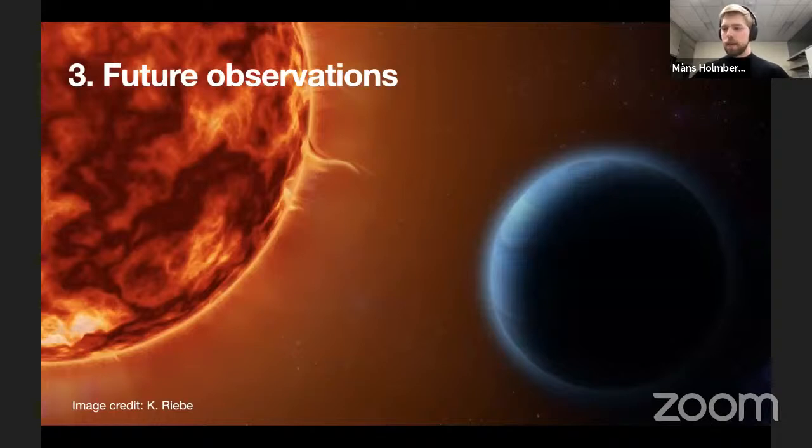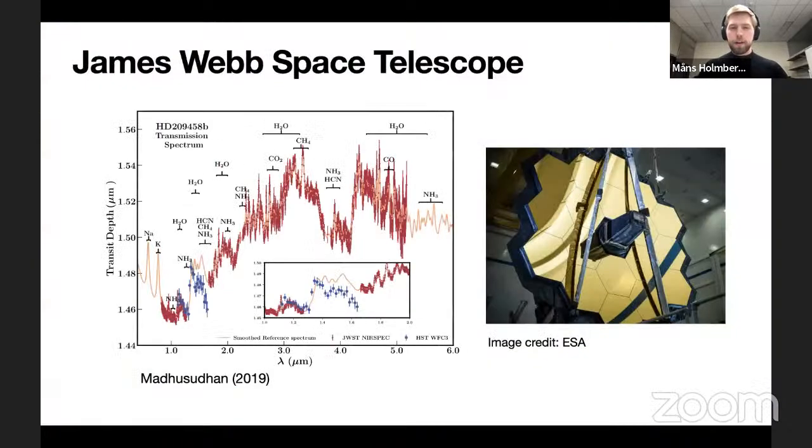So in the future, we are going to have new telescopes with new capabilities. The spectra that you have seen so far is real data that I have shown you. The data points, although they have been informative to scientists, don't look like much if you are not trained.